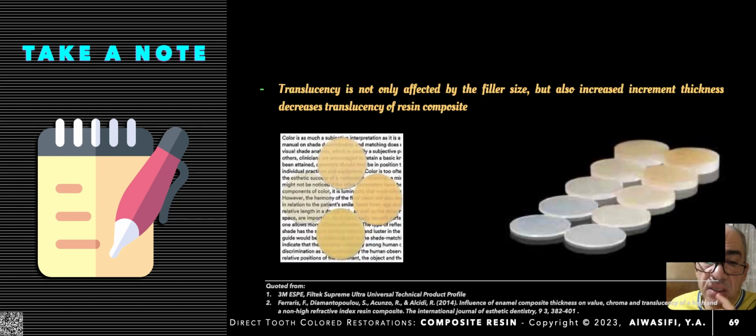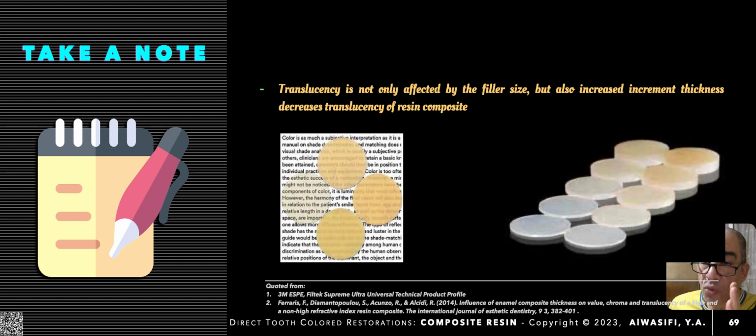When you consider translucency, translucency is not only affected by the filler size, but all of these discs are the same material, the same shade, from the same tube of your composite. Okay, the difference is in the increment thickness. When the increment thickness increased, the translucency decreased.